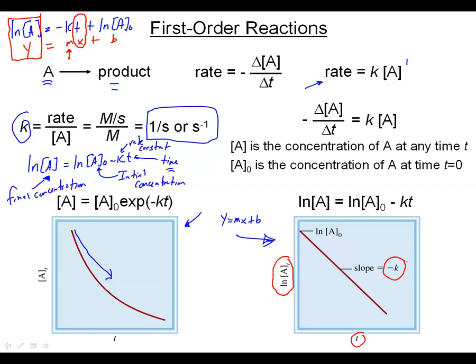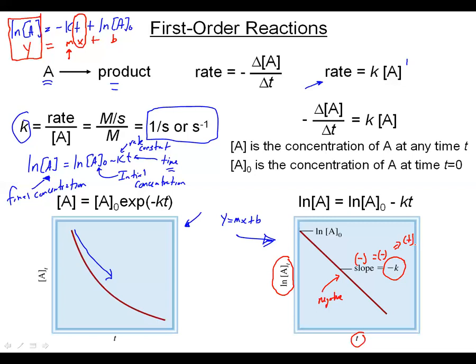So if you graph the natural log of A versus time and get a straight line with a negative slope, you can take the slope of that line and figure out the rate constant. The slope is negative, and that's why there is a negative here, which means your rate constant will be a positive number.